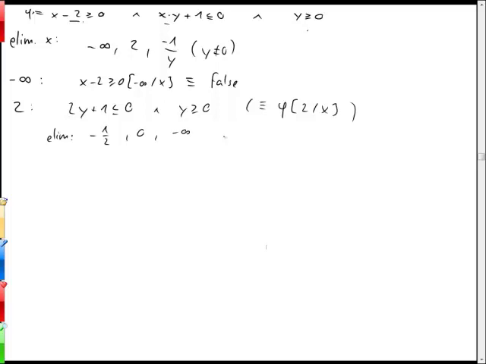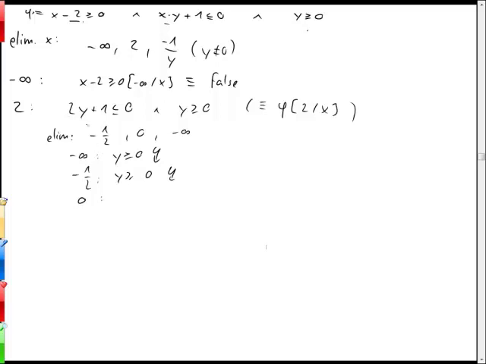So minus infinity is conflicting with y must be greater or equal to 0. And let's take next minus a half. Minus a half is conflicting also with the same constraint. And then we have 0, which is conflicting with the first one.